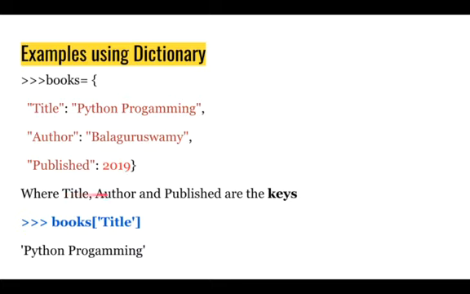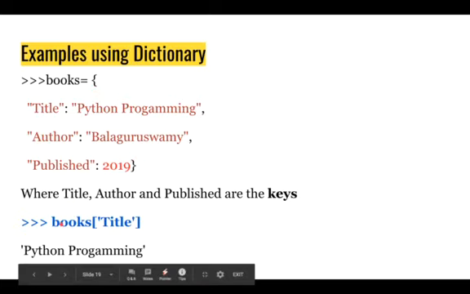So, title, author and published are the keys used here, which are used to refer to the values in the dictionary, and the dictionary name is books. The items in the dictionary are separated by commas and they are mentioned using curly brackets. This is what is called curly brackets.